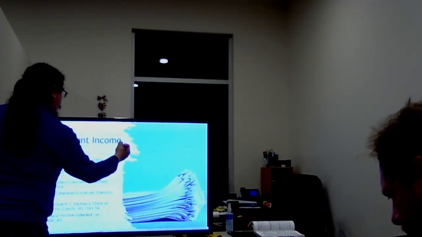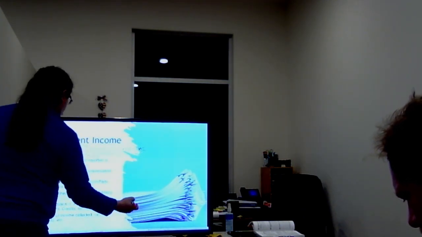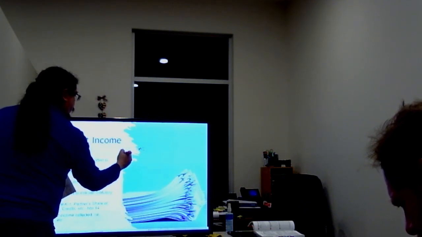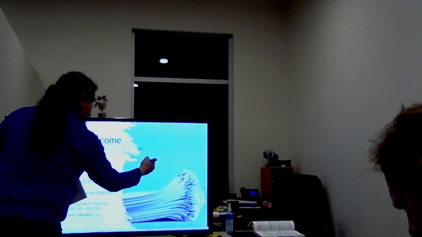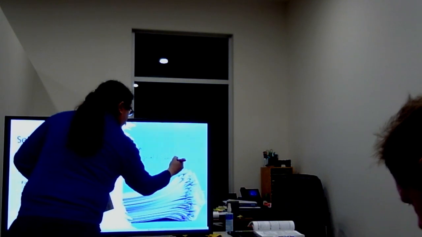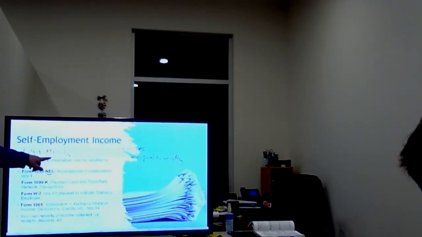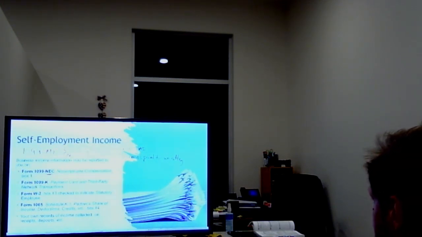There's a spot for crop insurance proceeds, and there's also proceeds paid to an attorney. So all of these could also be self-employment income. But except for these specific 5 categories, self-employment income might show up on a 1099 NEC.